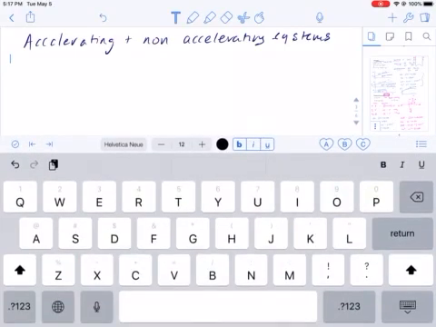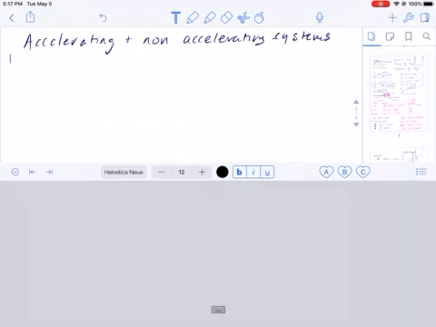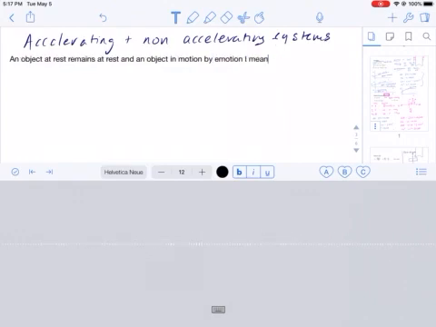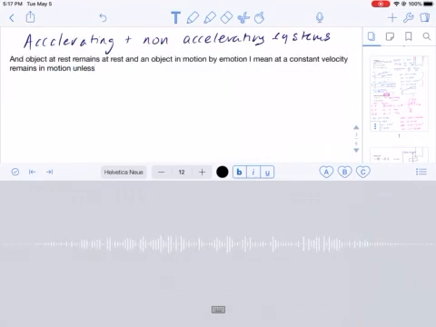Newton's first law says, okay, so that's Newton's first law, and I don't think there's any emotion in it. What I meant was in motion. So first he's grouping together objects at rest and at constant velocity, and he's separating them from things that are accelerating.